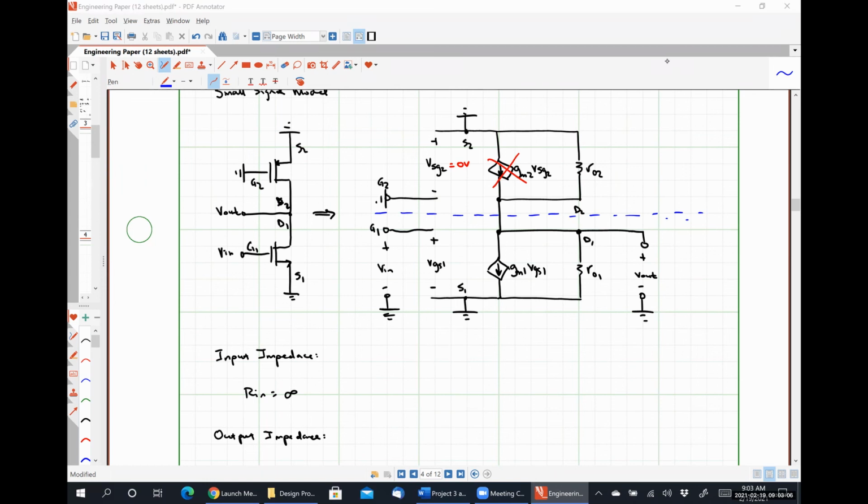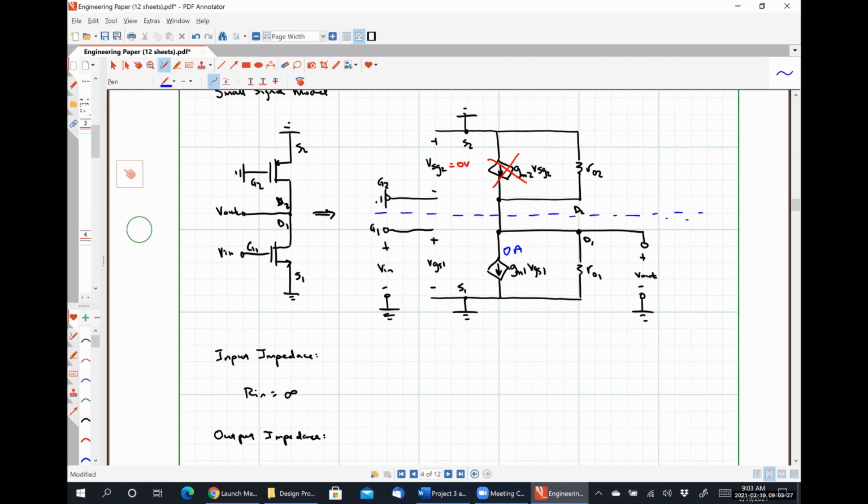All right, Vitaly's got it already, okay? So what we are seeing then is VN is going to be shorted out, which makes VGS1 equal to 0, which means our dependent current source down here is going to be supplying 0 amps.